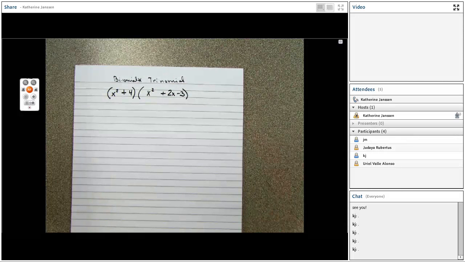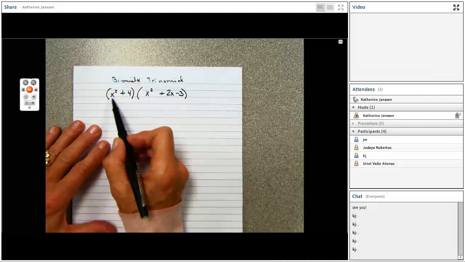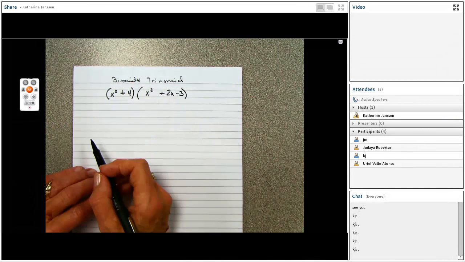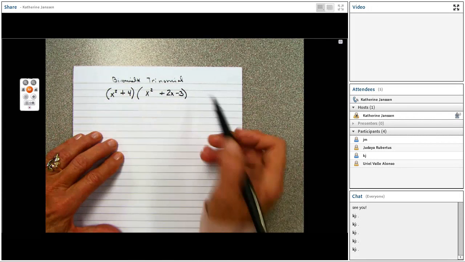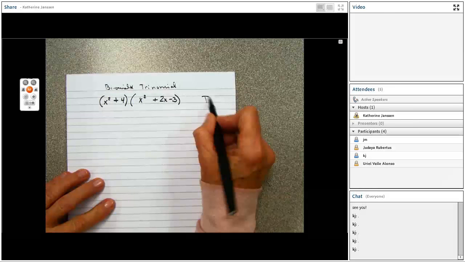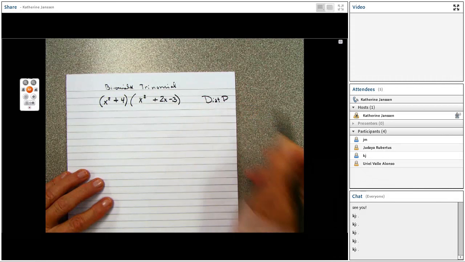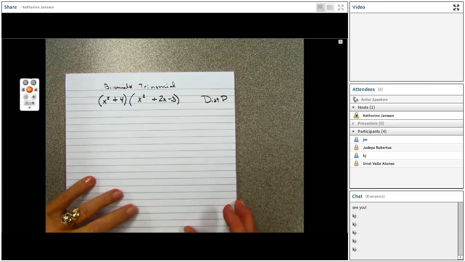And once again, we need to take the first term of the first polynomial times every term in the second polynomial. The next term in the first polynomial times every term in the second polynomial. So it's distribution of every term in the first polynomial times every term in the second polynomial.